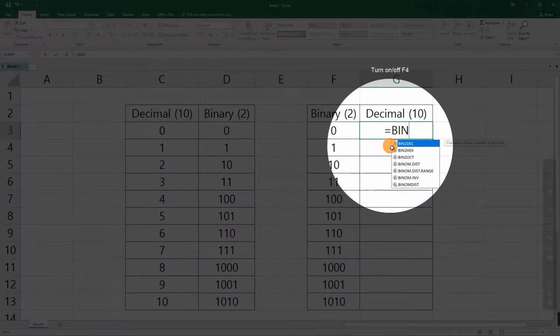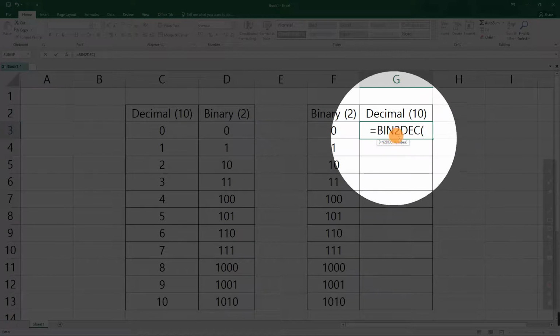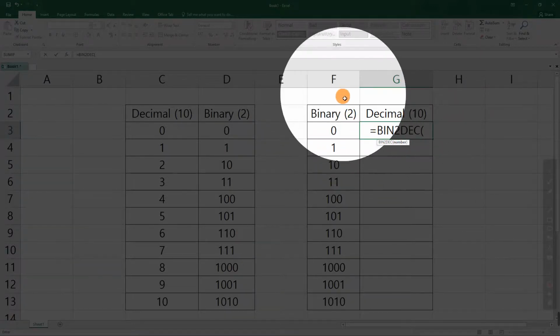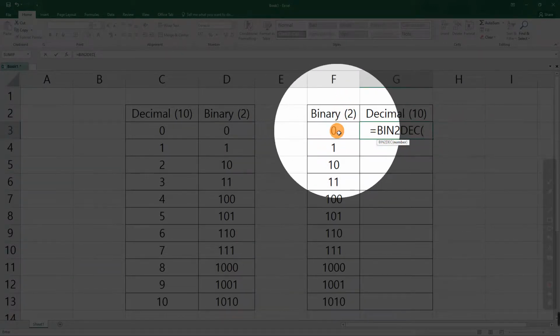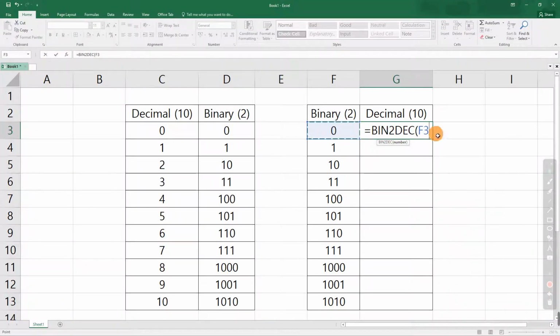We want to convert from a binary number to a decimal number, so BIN2DEC, right? Here I will use the cell reference F3. Then please don't forget to close the parentheses and press the enter button.